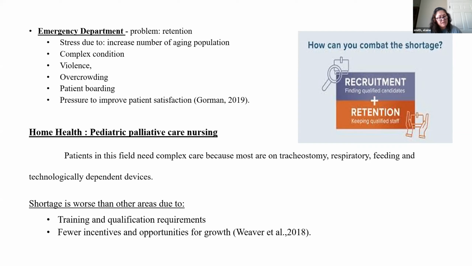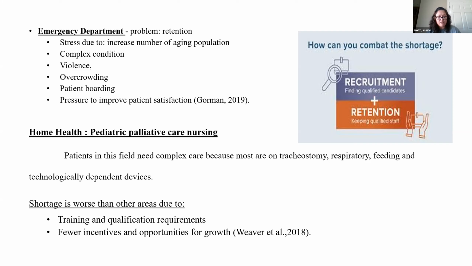Home health pediatric palliative care nursing has a great need for nurses who are qualified to care for children with life-threatening conditions that may result in death, congenital defects that require multiple surgeries, or a relapsed cancer diagnosis in the home setting. These patients need complex care because most are on tracheostomy, respiratory, feeding, and other technologically dependent devices.